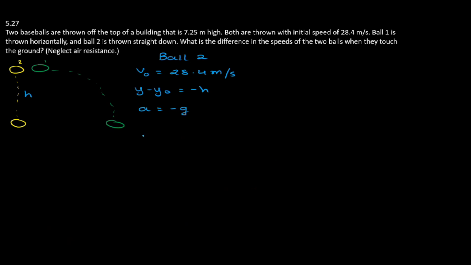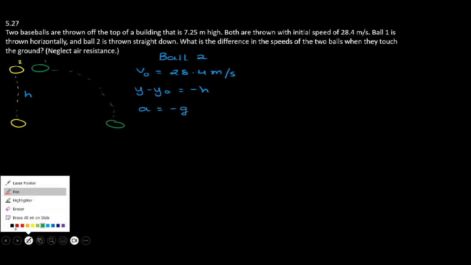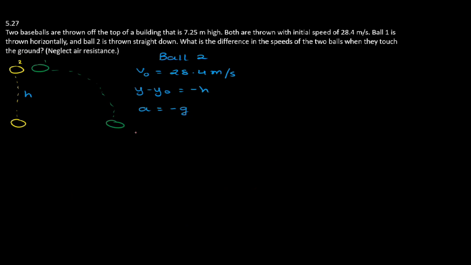If I want to find velocity and I have been given acceleration and displacement, I have to use the fifth equation of motion, which is v final squared equals v initial squared plus 2a (y minus y naught). Now let's substitute. V final squared will be equal to V initial, I will write as V naught.